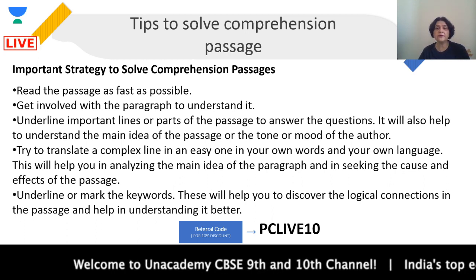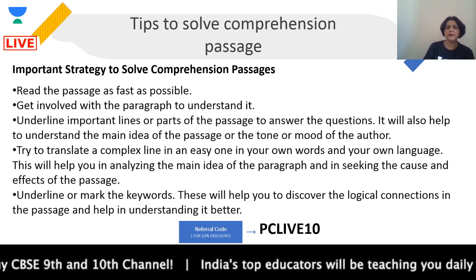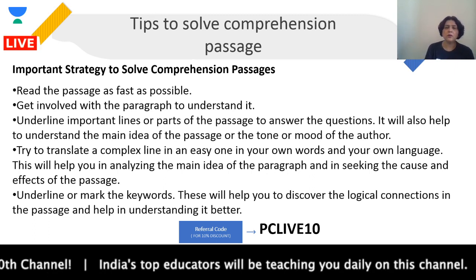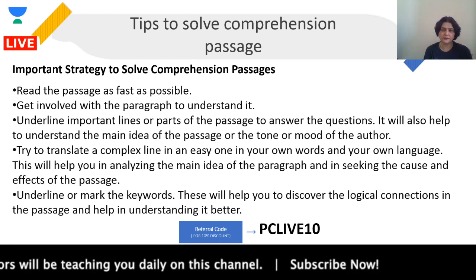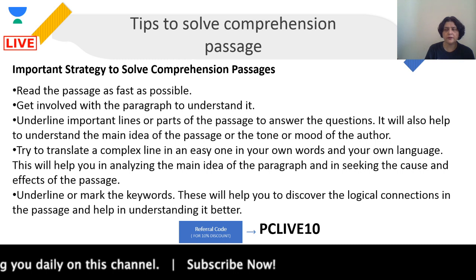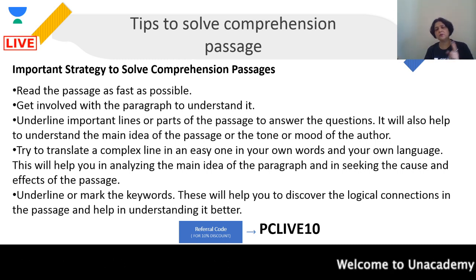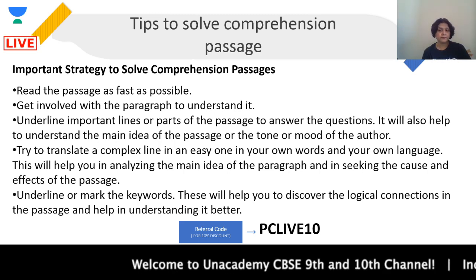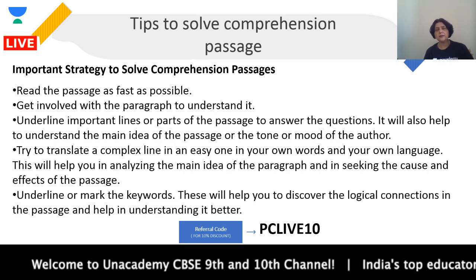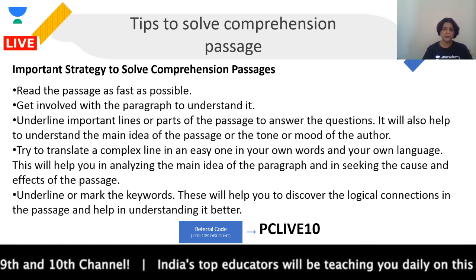And after the second and the third reading, I might have been able to understand what the passage is trying to say. All right, then I go to the questions one by one. Even if there are multiple choice questions, you have to go to the passage again. Your passage is going to be your Bible. Understanding the passage and then moving on to the questions is the first step.